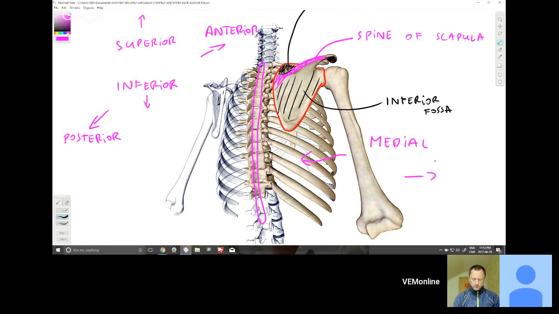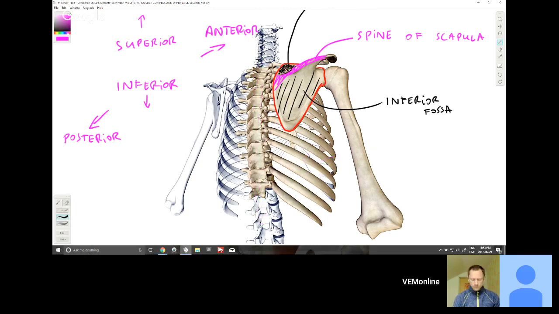Away from the center, that's lateral. You should know all this by now, but this is just a quick review. So angles, knowing these terms, you should be able to figure it out on your own, really.